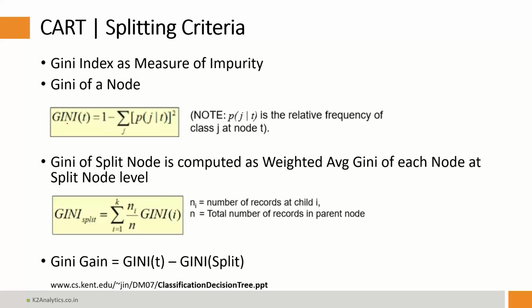Gini is called a measure of impurity. How impure is data? Some way of quantifying that, and one of the approaches is using Gini.